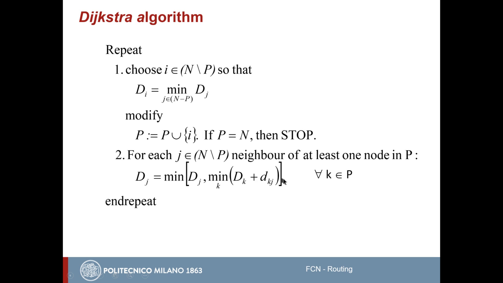So you have to consider all the nodes k that belong to P, and consider the current distance that they have from the source, sum to this value the cost of the link between k and J, and then take the minimum of all these values. Okay.